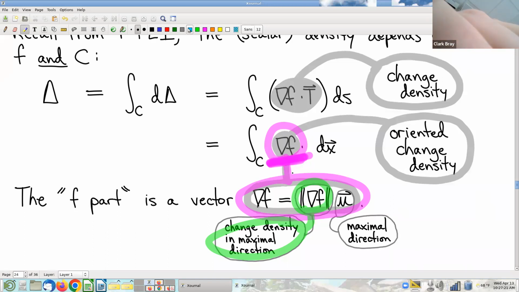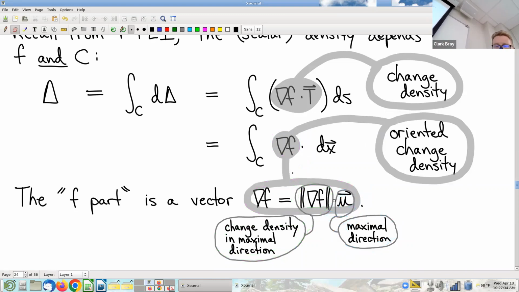And then furthermore, it is also telling you by way of its orientation, what that direction is in which the function is actually changing. Okay, so this is this concept of an oriented density. Again, algebraically, it just kind of falls in your lap as a result of this kind of compactifying little rewrite, but it really makes a lot of sense in a lot of ways.